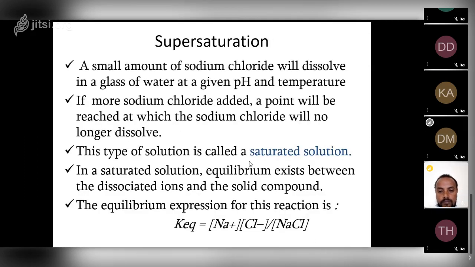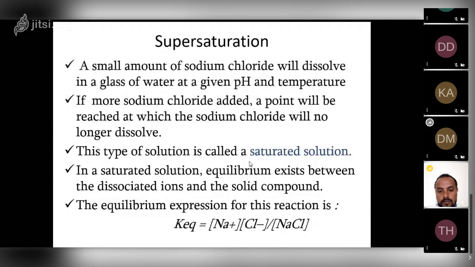When you look at supersaturation, for example, if there is a small amount of sodium chloride dissolved in water at a given temperature, and we add more sodium chloride, we reach a point at which sodium chloride will no longer dissolve.